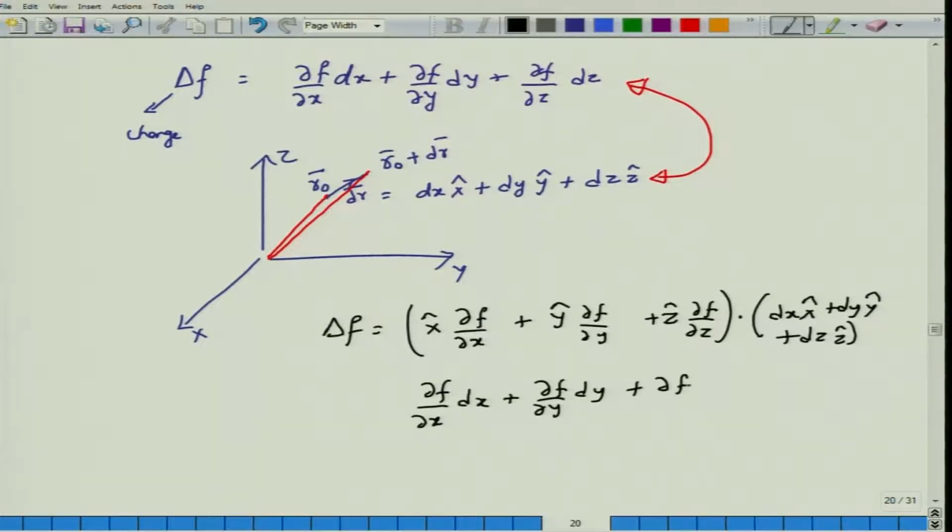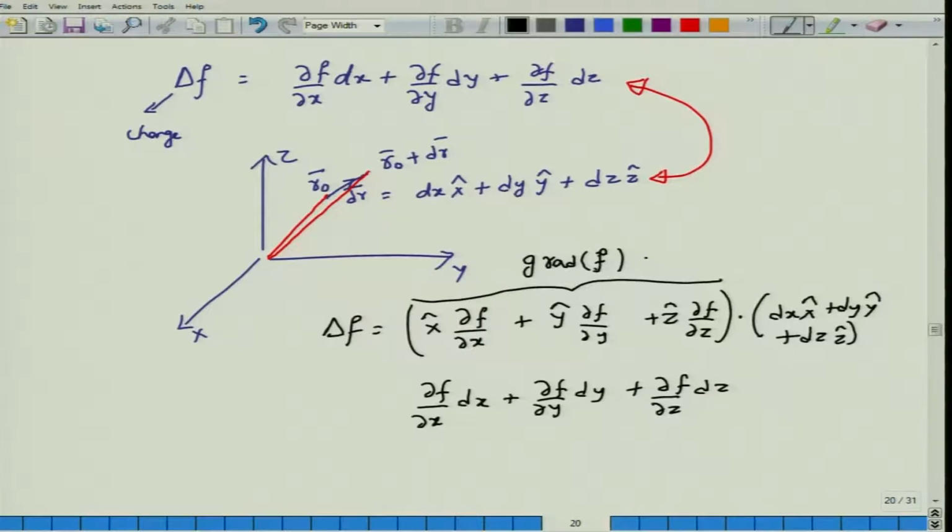So, what I obtain is the same expression, but what I have done is to define a vector, and I call this vector the gradient of the scalar field f.